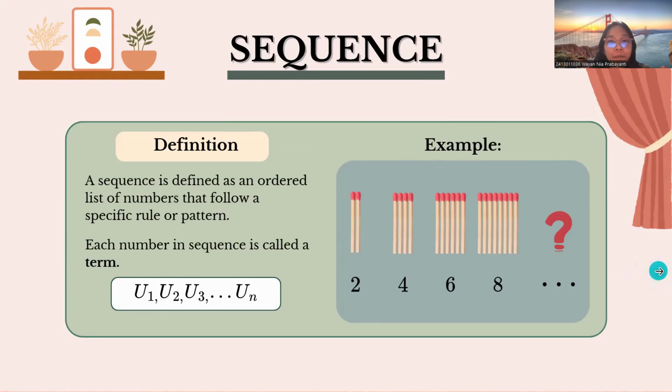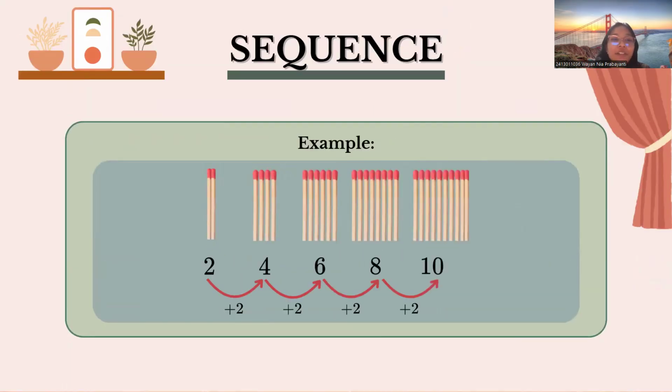Let's see. In this sequence, each term is increased by 2. So we already know the rule is to add 2 to the previous term to get the next one. The first term is 2, the second term is 4, the third term is 6, and so on.